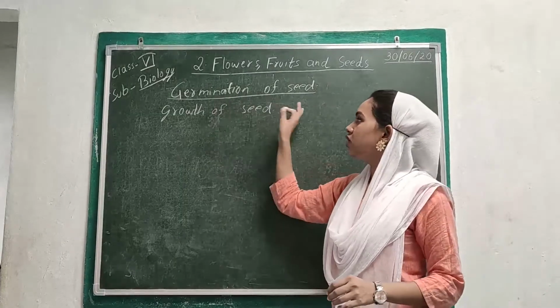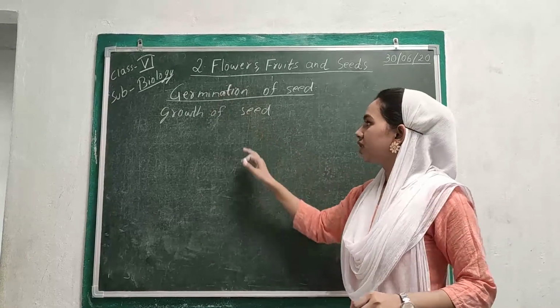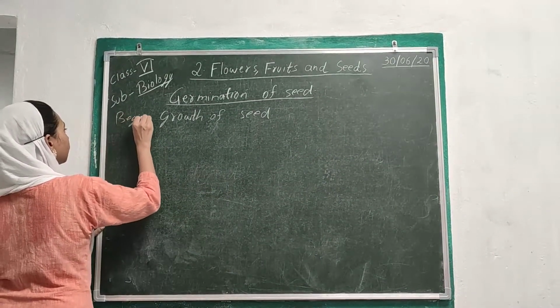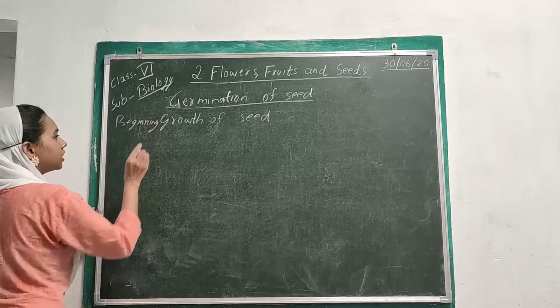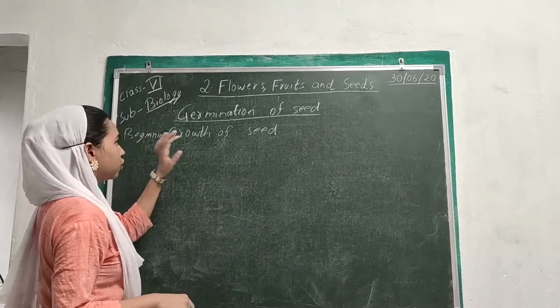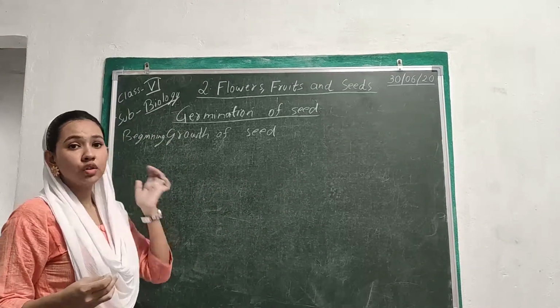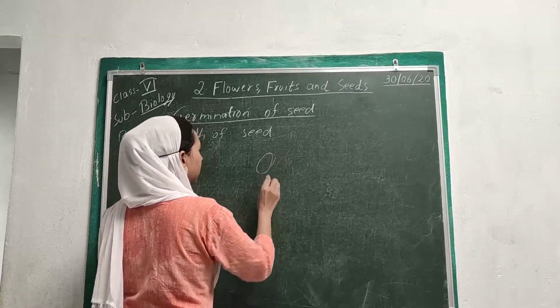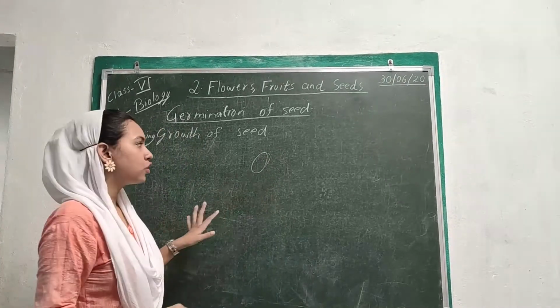Next is germination of seeds. Germination of seeds means the beginning of the growth of the seed. So when the seed starts to grow, that process is known as germination. Now how does germination occur? Suppose there is a bean seed here. This is very dry. So how is it going to germinate?